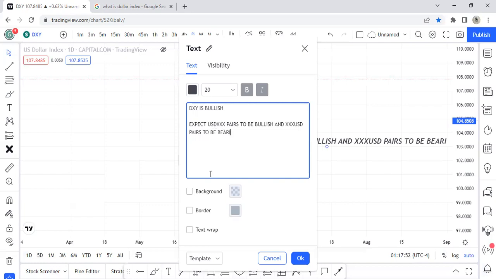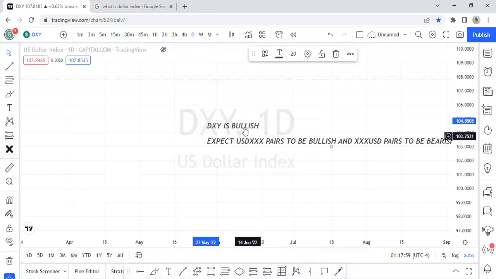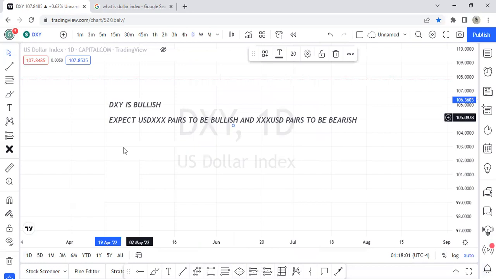This is just a simple analogy, very simple. So when the DXY is bullish, maybe the structure is bullish or it has reasons to go to the upside, you should expect the USD pairs like USD JPY, USD CHF, USD ZAR, all those pairs that have USD first, to be bullish.